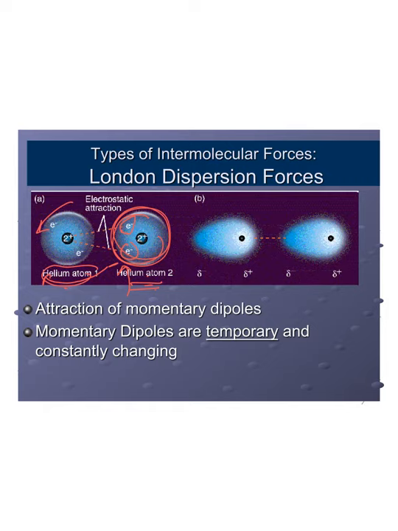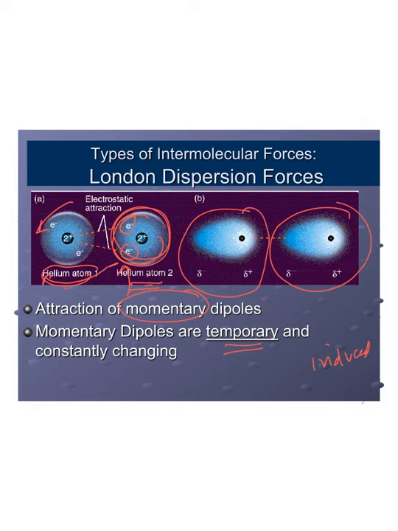And so sometimes we call this an induced dipole, because one atom has induced a dipole on the other, but we know that they are momentary and they are temporary. And so we might draw them like this, right? So we have a slight positive charge and a slight negative charge where the electrons ended up over that side, and the same with the helium atom number 1 now that was induced by the random movement of the electrons in the first atom.